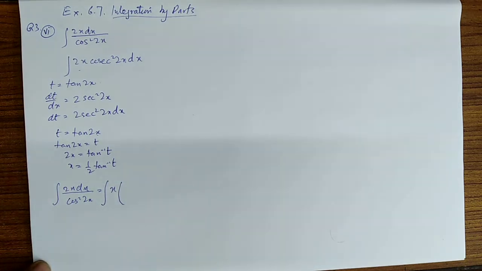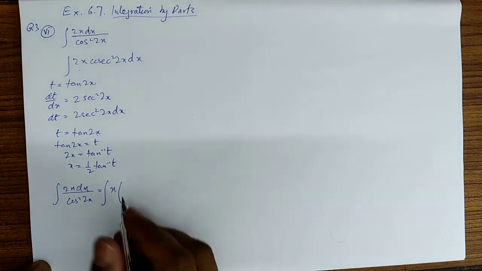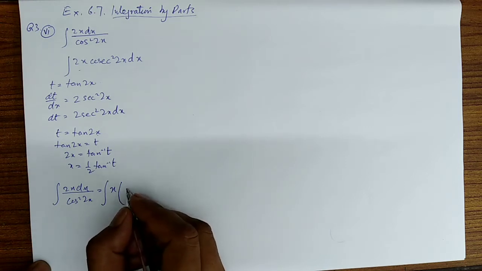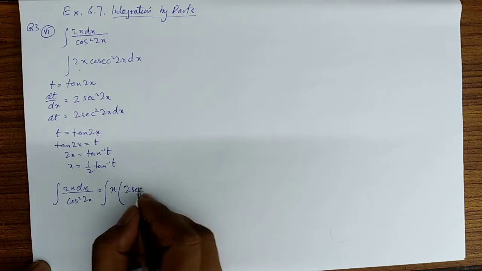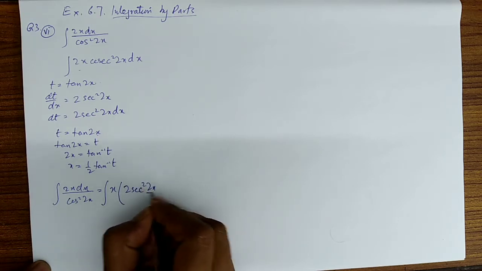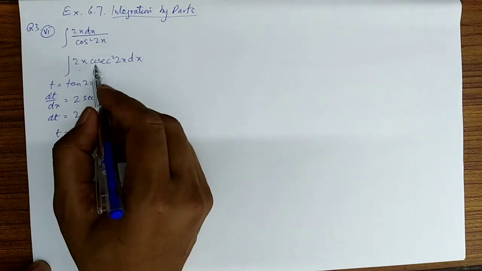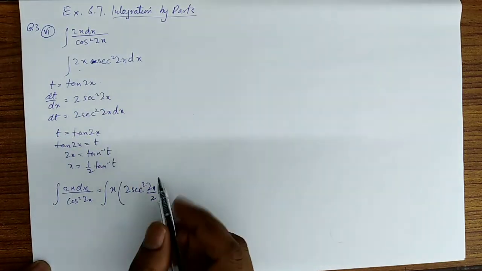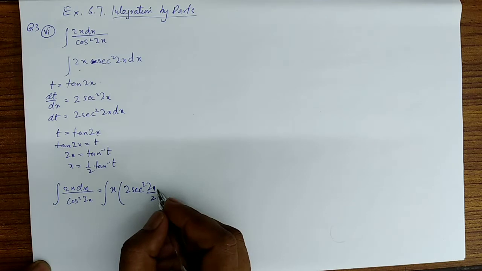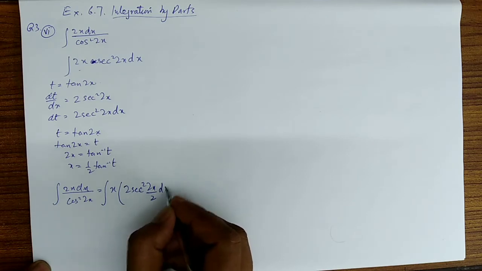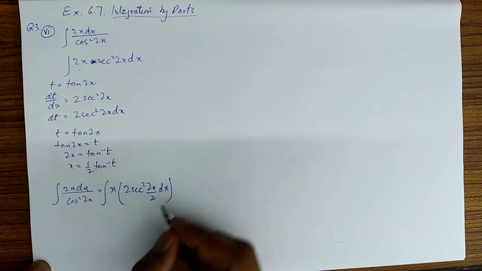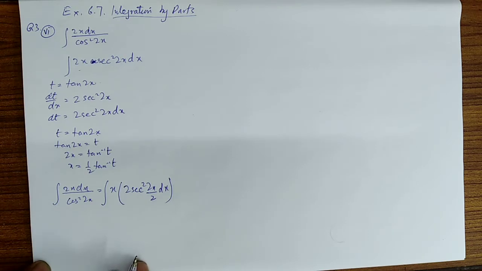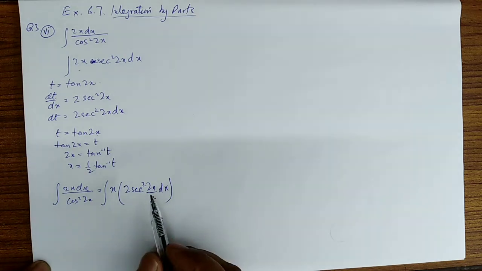We take x as a common factor outside, so this can be written as 2 sec square 2x upon 2. Sorry, here I have written cosec, it should be sec square 2x dx, right? I have multiplied this x.